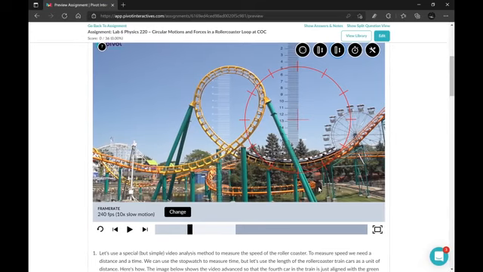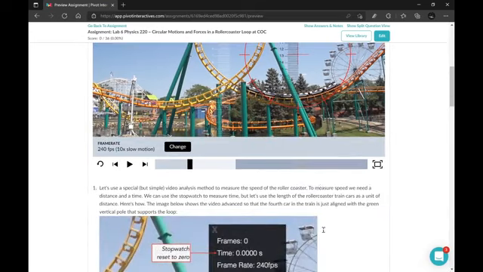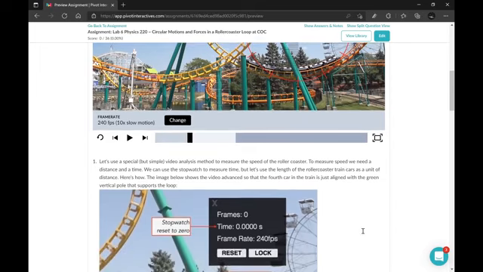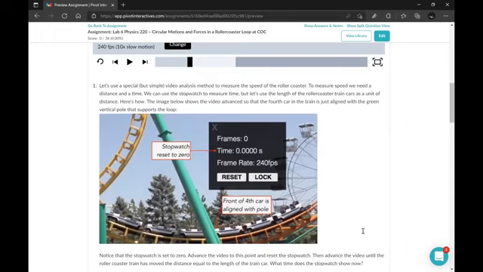The lab itself gives you step-by-step guides. For example, you're going to use the video and the timer to determine the speed at the bottom. As you can see in the picture over here, it shows the fourth car.